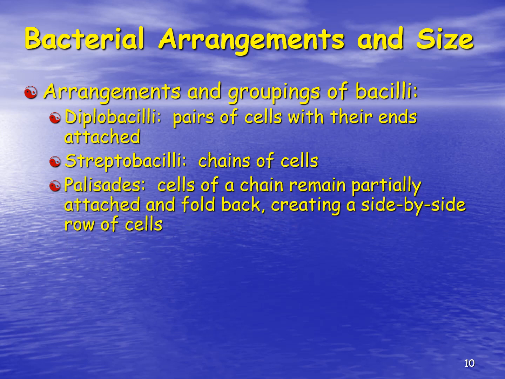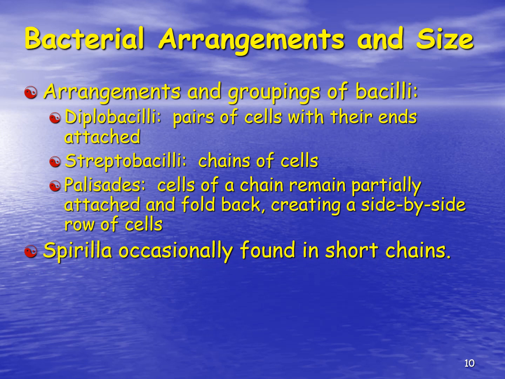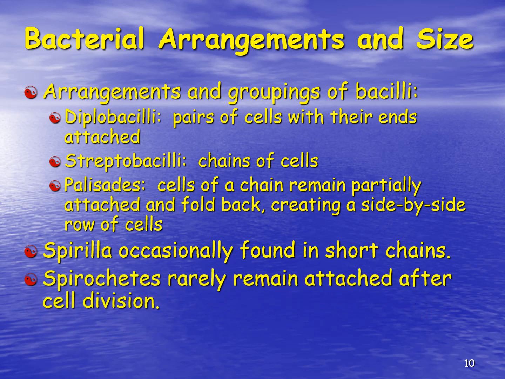Sometimes, however, the bacillus can form palisades, which are cells of a chain that remain partially attached and simply fold back and forth, creating a side-by-side row of cells. The spirillum occasionally will form short chains, but it's fairly unusual, and the spirochetes rarely remain attached after cell division. So typically the spiral organisms, including the Vibrio, will all be single cells.